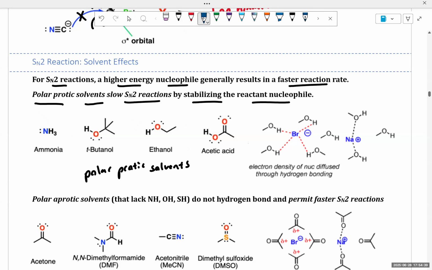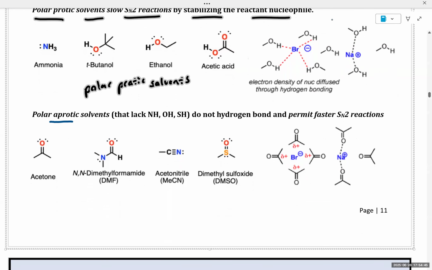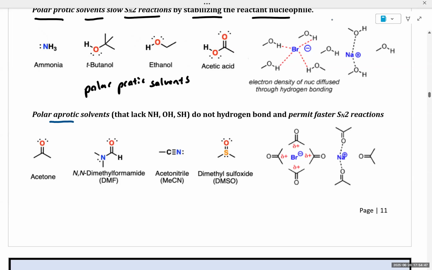As a comparison, SN2 reactions are typically run in polar aprotic solvents that do not hydrogen bond. And the reason why polar aprotic solvents are typically selected for SN2 reactions is because they don't stabilize your nucleophile. They, in turn, allow for a faster rate of SN2 reaction. So here are examples of polar aprotic solvents.